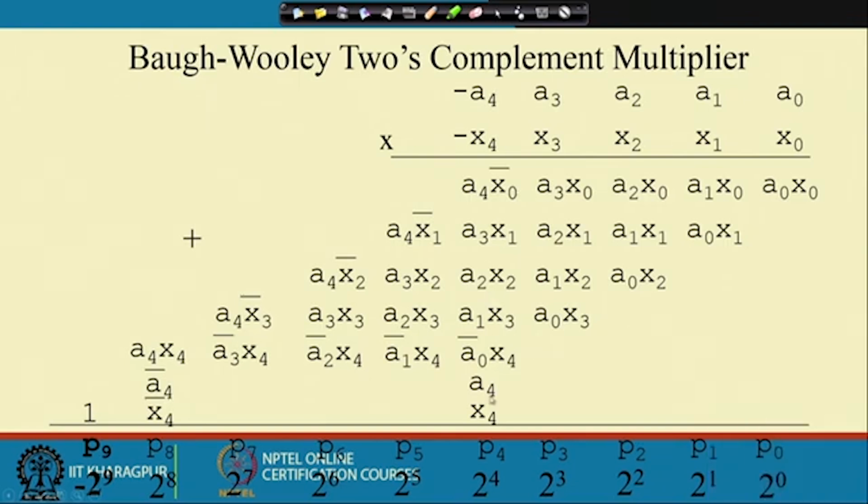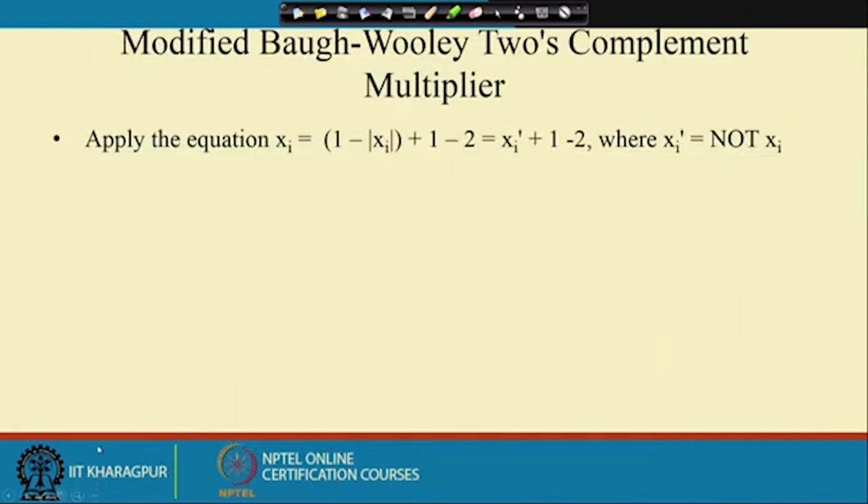At this particular position the value I am getting is A0 bar x4, where A4 and x4 are added, and here you see A4 x1 bar, x4, A4 bar and x4 bar along with 1 at the 2 to the power 9 position, which is minus 2 to the power 9.